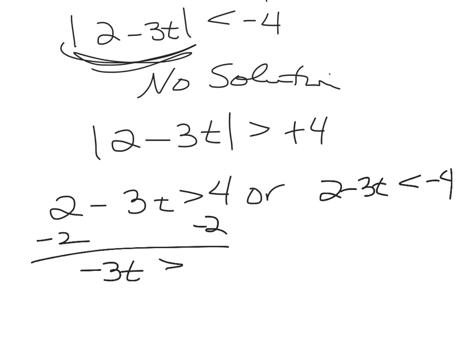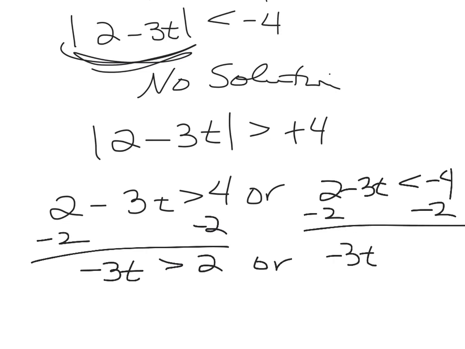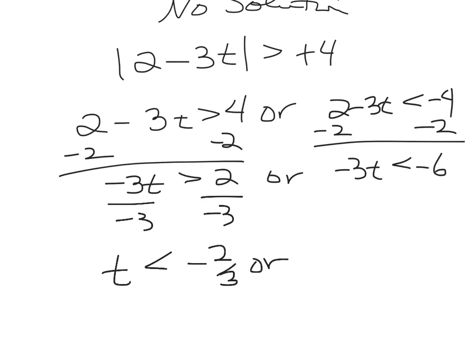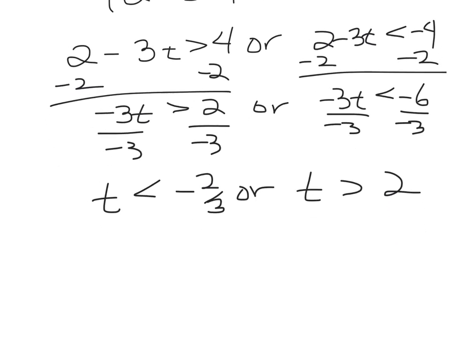Negative 3t greater than 2, or, and then go ahead and move this over, negative 3t less than negative 6. I'm dividing by a negative, so again I have to reverse. And then here, dividing by a negative, reverse, and it's positive.